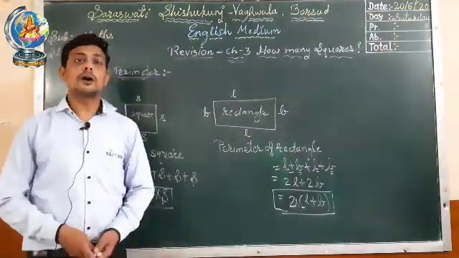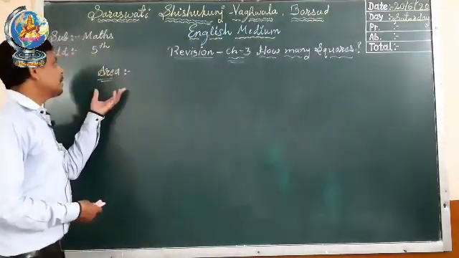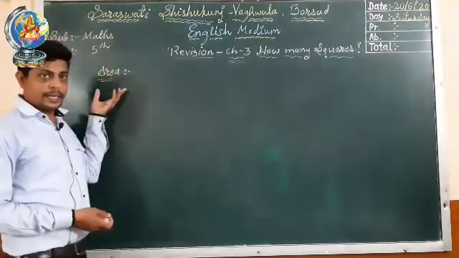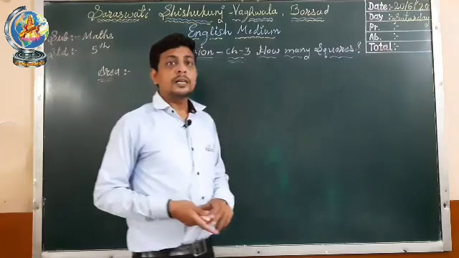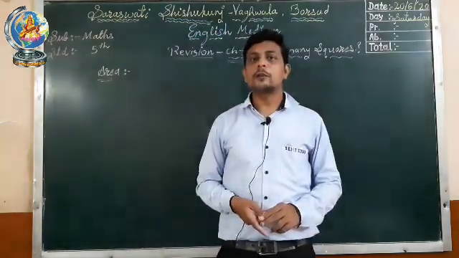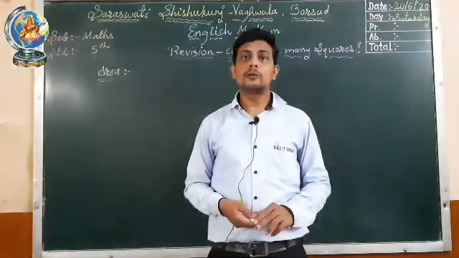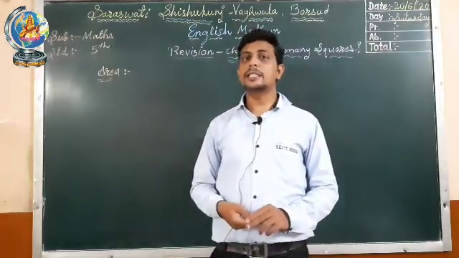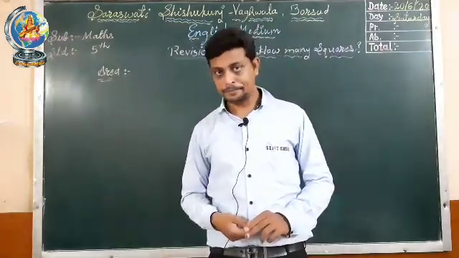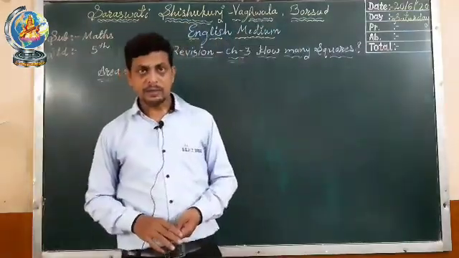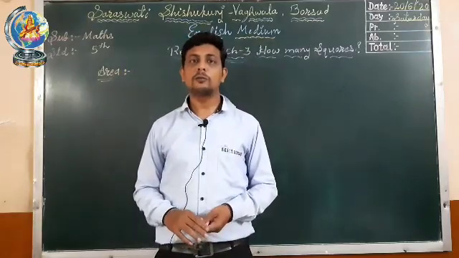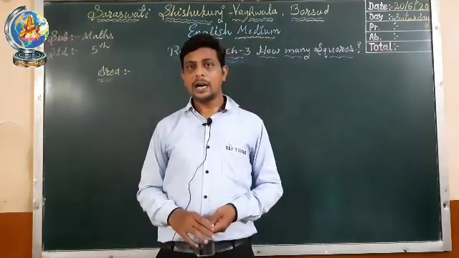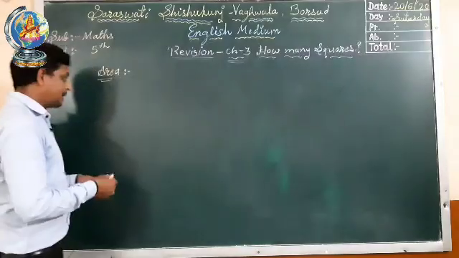Now we will move on to the next topic. Now we will learn about area. What is area? The total surface occupied by a closed plane figure is called area. Now let us learn how to find area of square and rectangle.